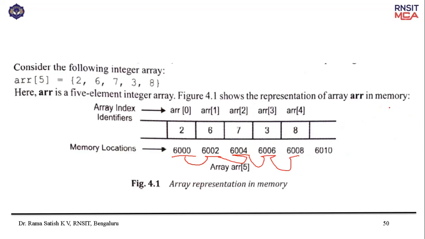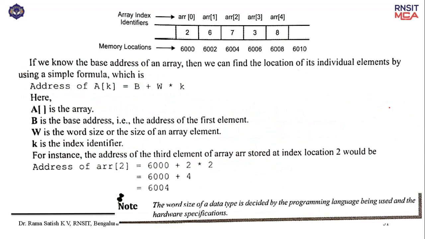You can also calculate the memory address of any particular element of the array using this formula: A of k is equal to b plus w into k. What is w? W is the word size. B is your base address.